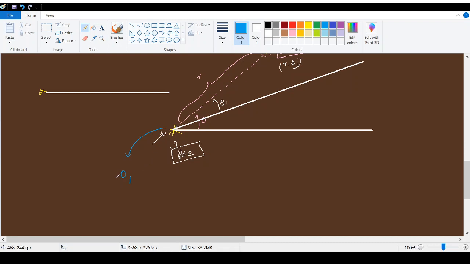So if the r coordinate is 0, no matter what theta you mention, it refers to the pole. That's a bit strange.